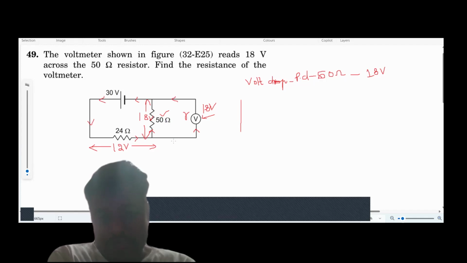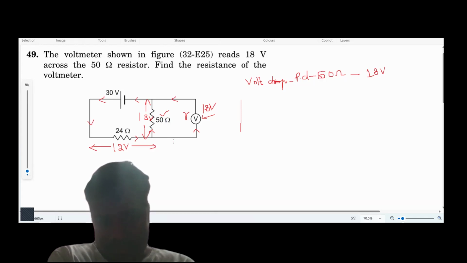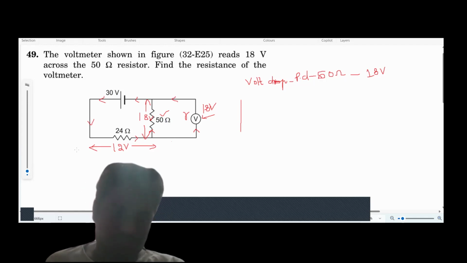For example, there is a current I50 flowing through this 50 ohm resistor.